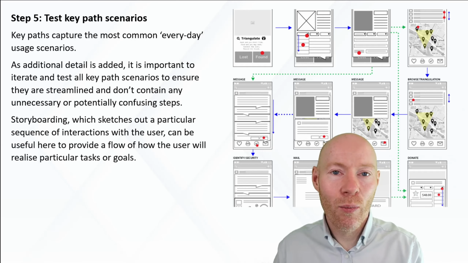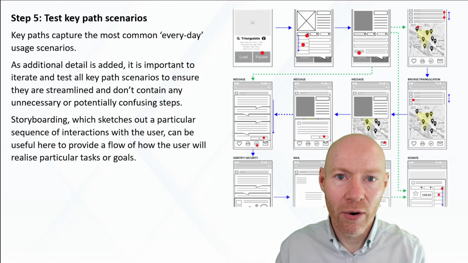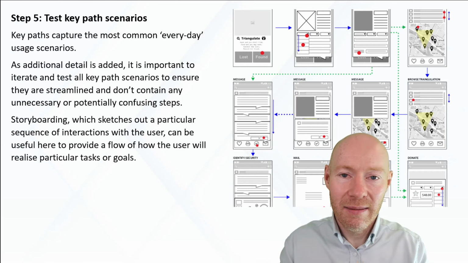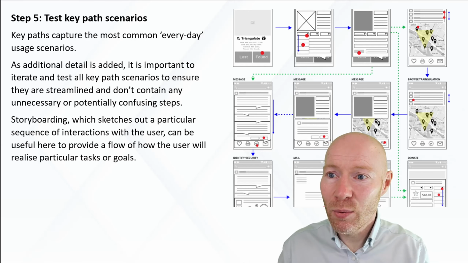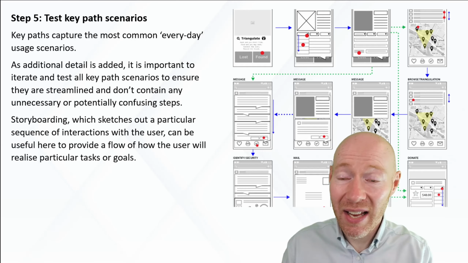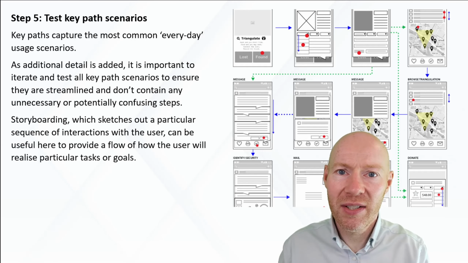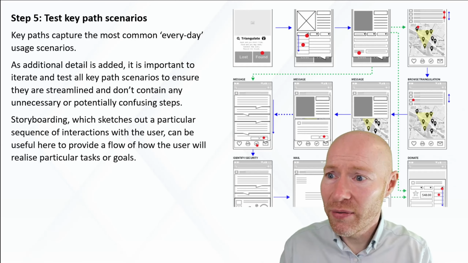And we want to make sure we test those robustly, that they are logical, they are efficient, they are understandable, they're as easy, as straightforward, as cognitively easy as they possibly can be. So we're going to go through all of those key paths and test to make sure that they're working. If we find any unnecessary steps or any steps that we think are potentially confusing, we want to get rid of them.